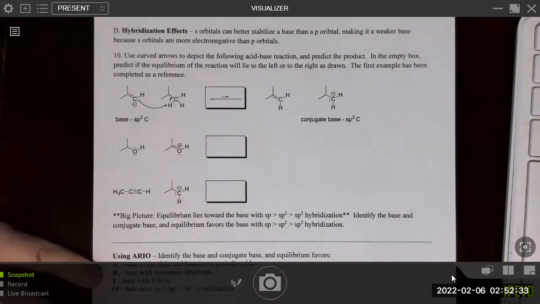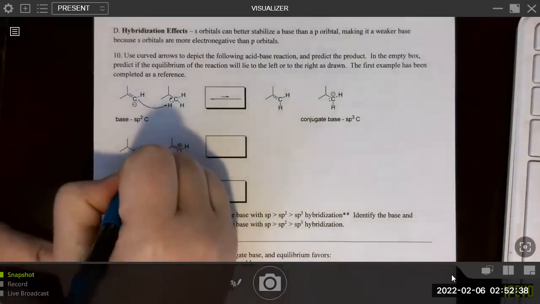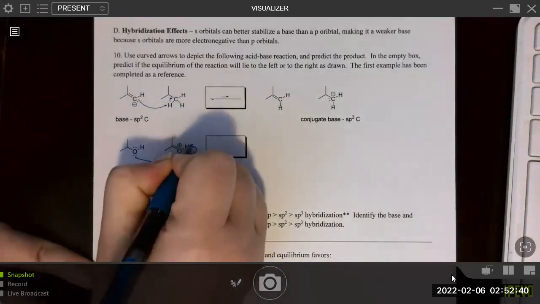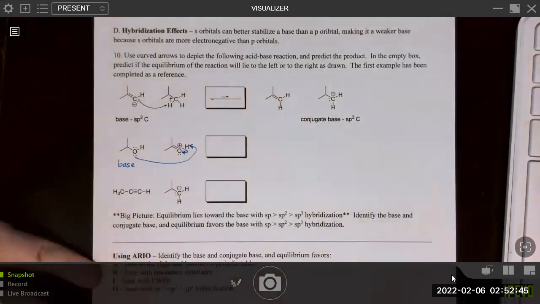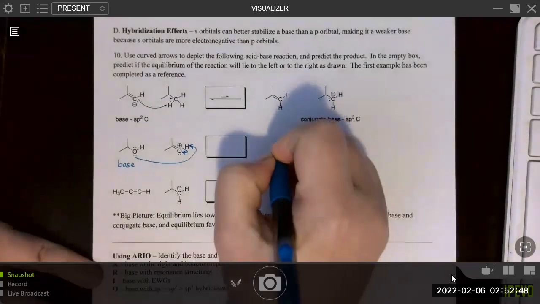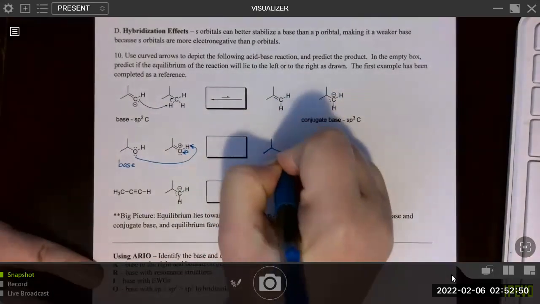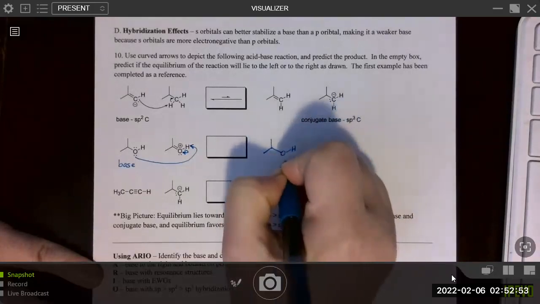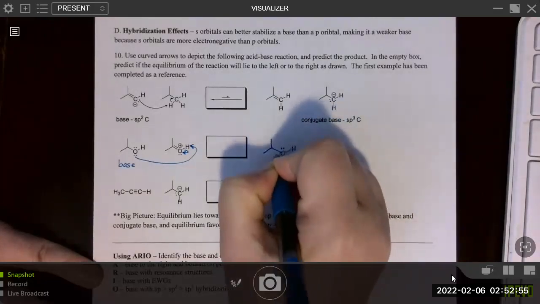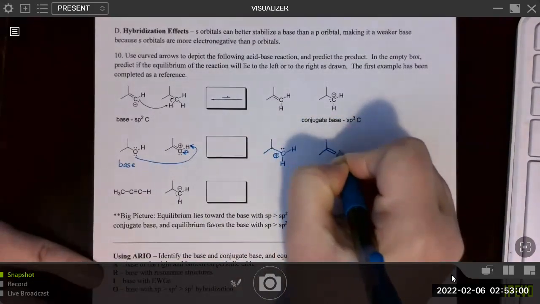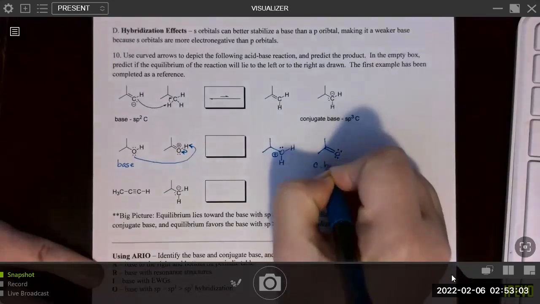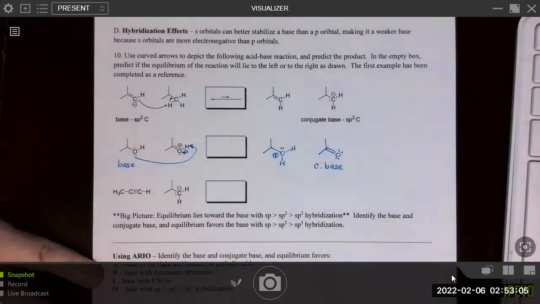So let's go ahead and draw in the arrows here. So this must be the base, taking a proton from the acid. Go ahead and label the base. And we'll draw in both the conjugate acid and the conjugate base. Then we're going to compare the base and the conjugate base.